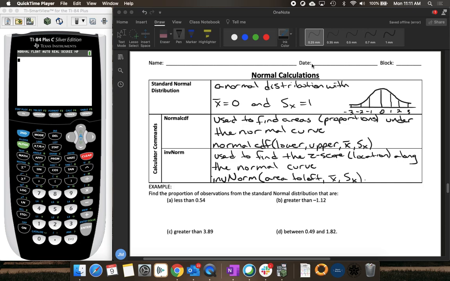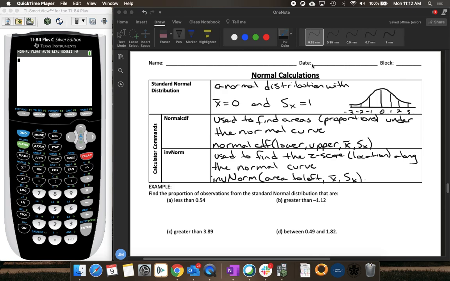Now, throughout our notes today, we're going to be using two different calculator commands. The first is called normalcdf. The second is called invNorm. So the first one, normalcdf, is what we're going to use to find the areas or proportions under the normal curve. So this is what we'll use in place of the empirical rule when we want to know the area for something when it's not on a standard deviation.